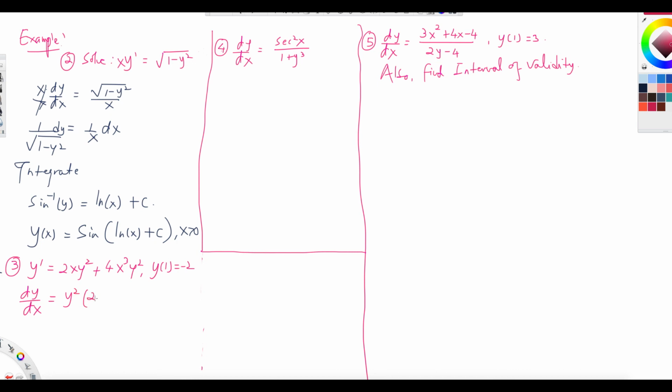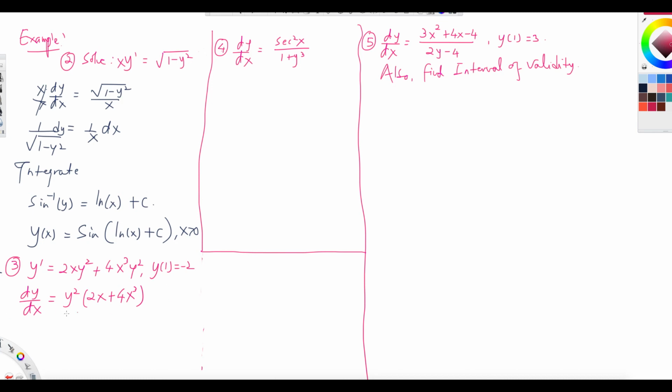You can write y squared times (2x plus 4x cubed). We will use the initial condition only at the end after we solve, to find the value of c, because to solve this we'll have to integrate, and while we integrate we'll get a c, and then c is calculated using that value.